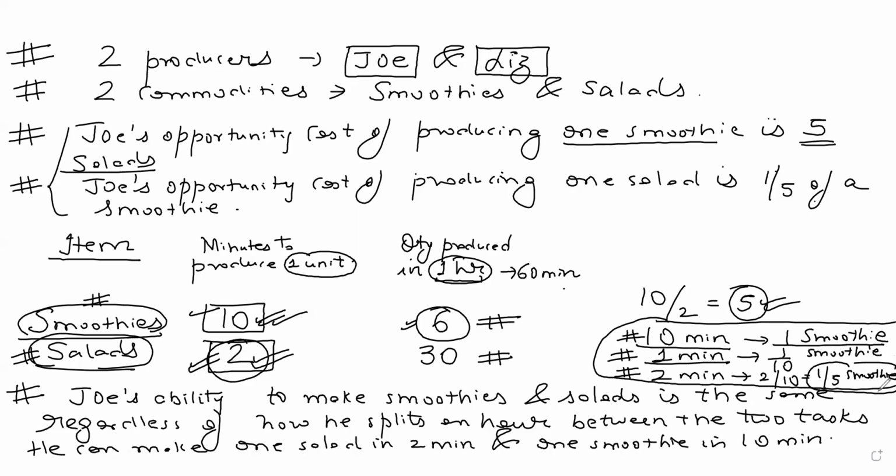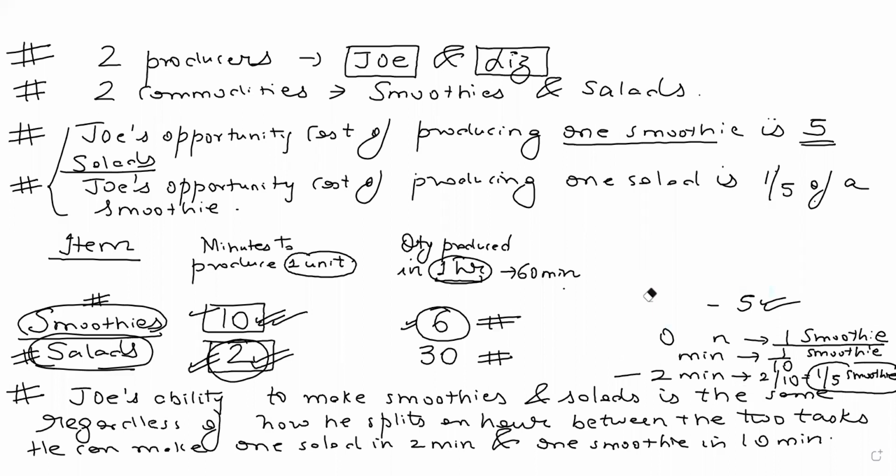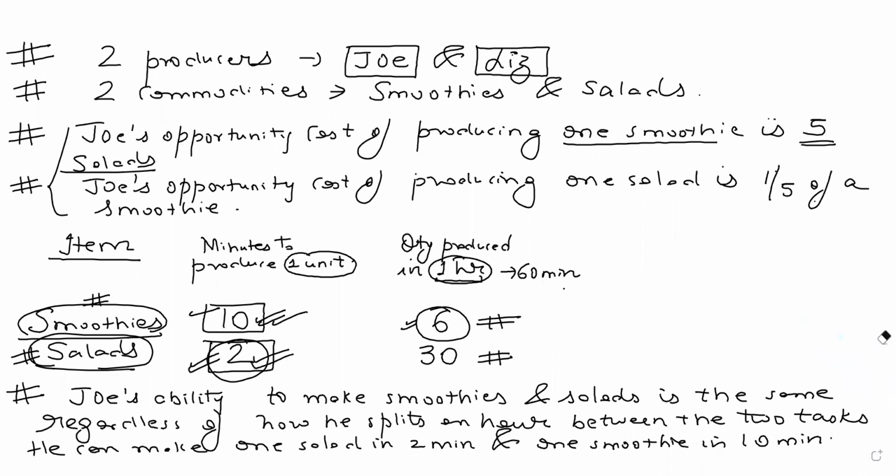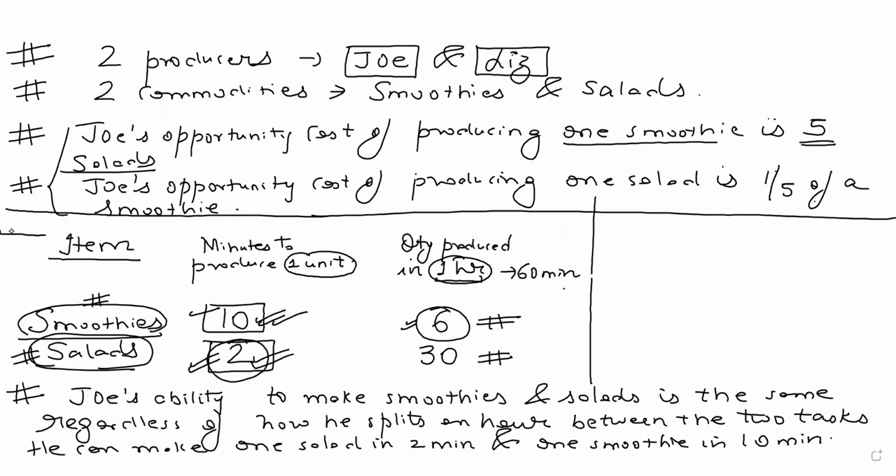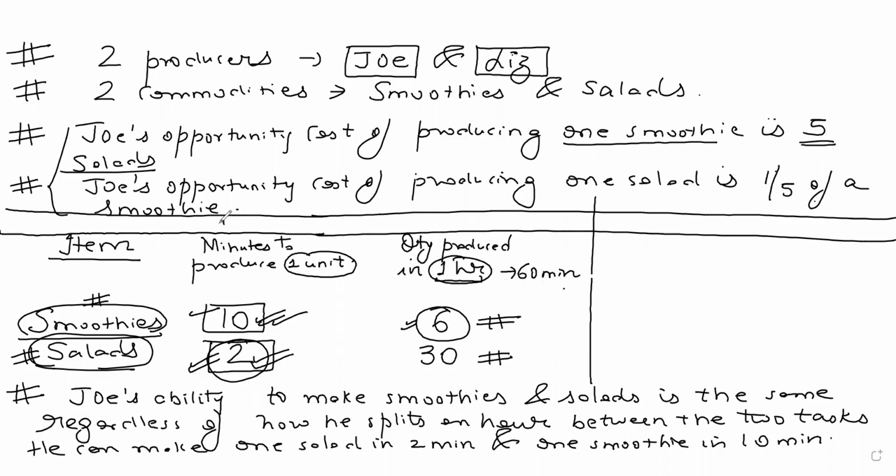Okay, so this was all to do with Joe. Now let's come to Liz. I erase this part off and let's come to Liz. So I can make a table here. The analysis we had done till now was for Joe. This is the analysis for Liz I am doing now.